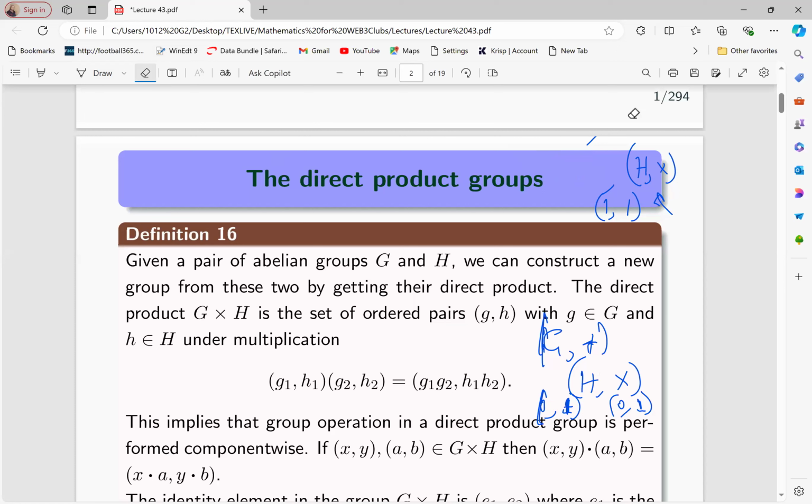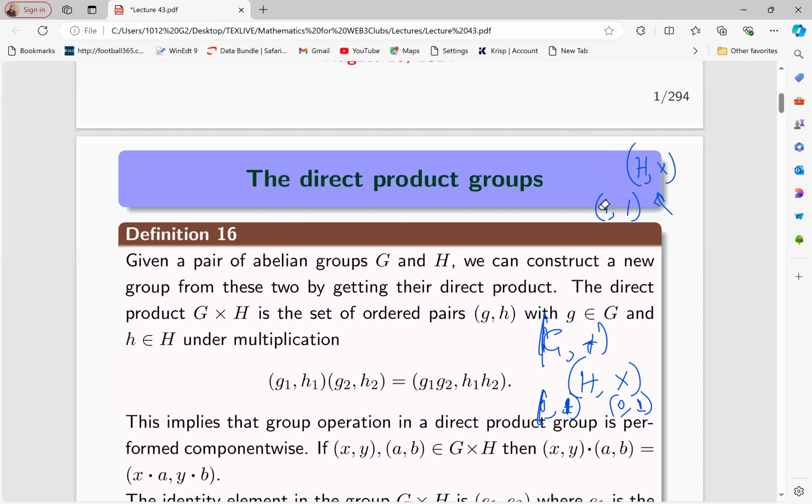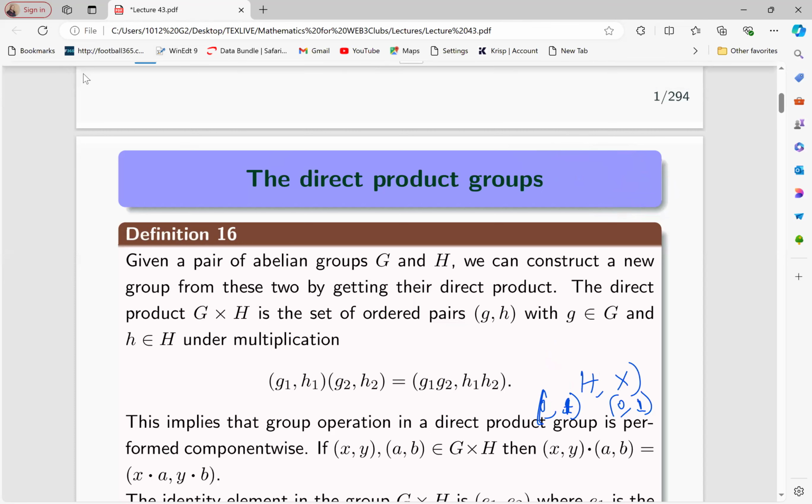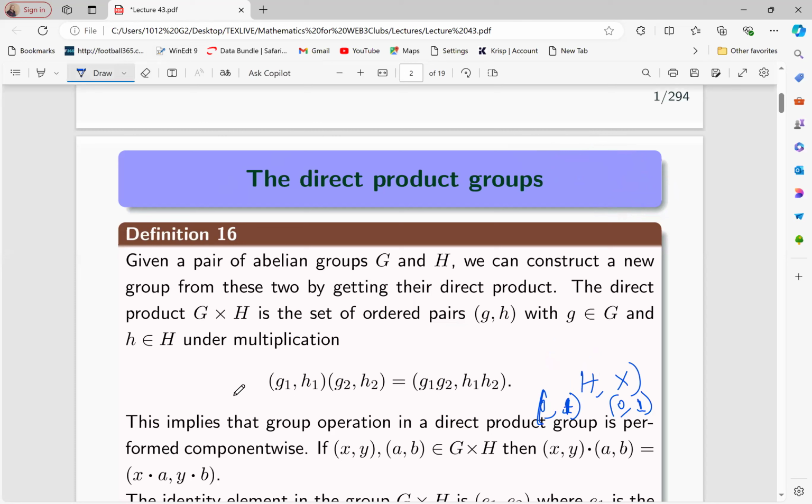Now, every element of this direct product group will have an inverse. I'll be showing you how to get an inverse, but of course, we've already seen that. So for instance, supposing G is an additive group, and H is another additive group.